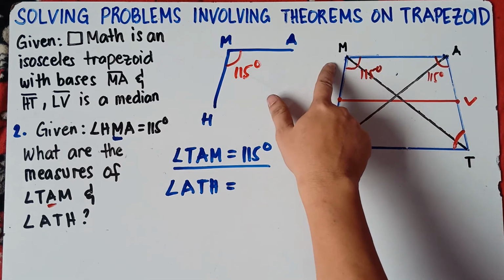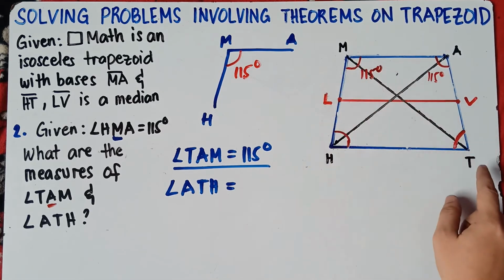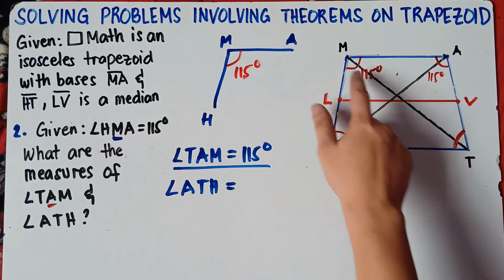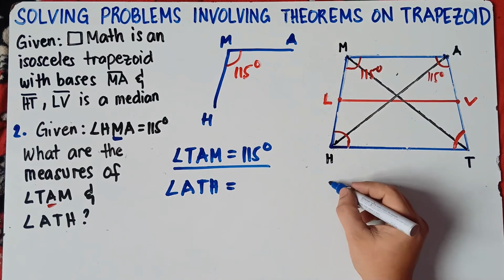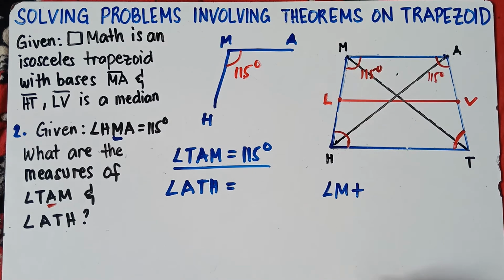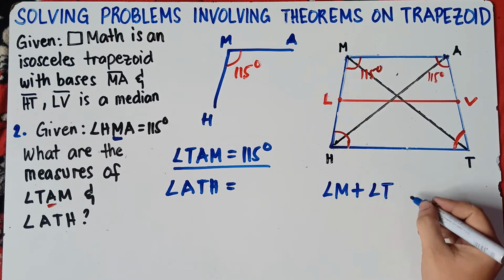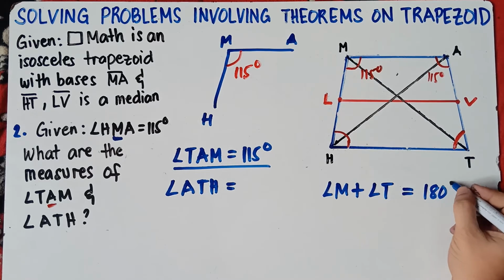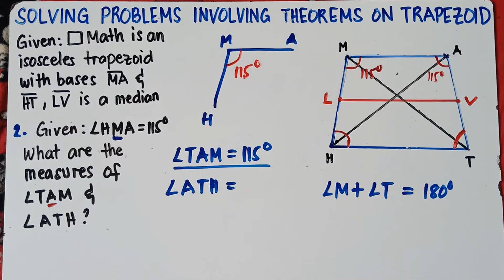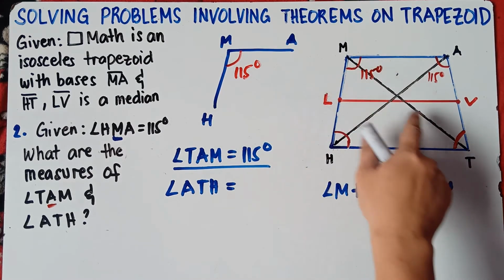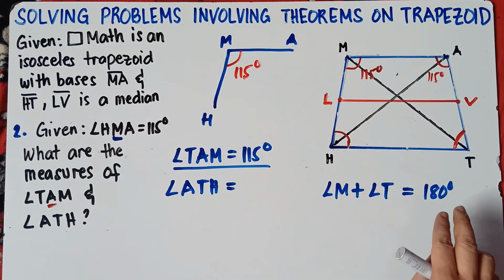So opposite angle M and angle T, the sum of these two angles should be 180 degrees. Angle M plus angle T is equal to 180 degrees. Always remember the property of an isosceles trapezoid, that opposite angles must sum to 180 degrees.